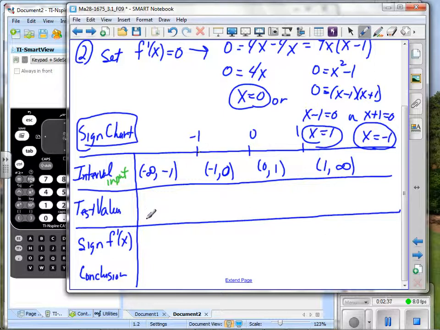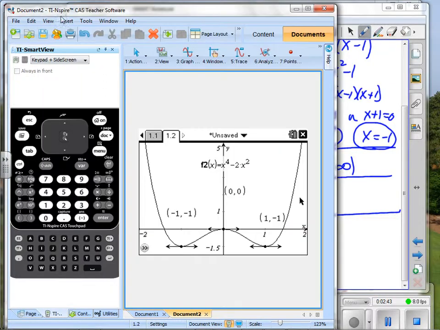I'm going to test a value in this interval. I can choose anything. Is it true that any input value less than -1 would have the same sign on the derivative? It doesn't have to be a special one. Any input value between -1 and 0 is going to have the same sign of the derivative.